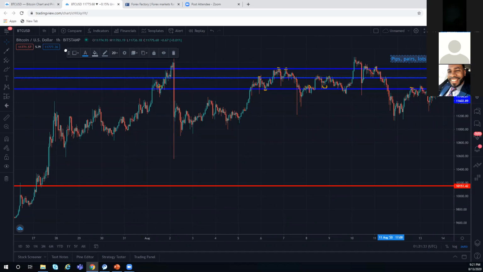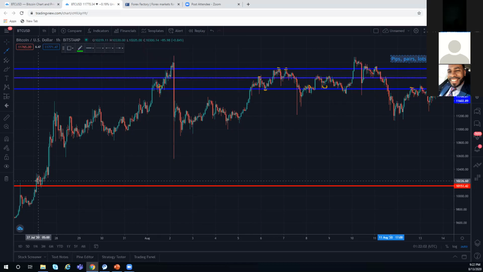So overall trend, Bitcoin is an uptrend or downtrend? What do you see? Sam, go ahead, tell me what you see. Are you asking me? Yeah, you're off mute. Yep, I'm asking you. Oh, and right now it's a little bit of both. I see a bullish on the left hand side, and then right in the middle, it's kind of consolidated.